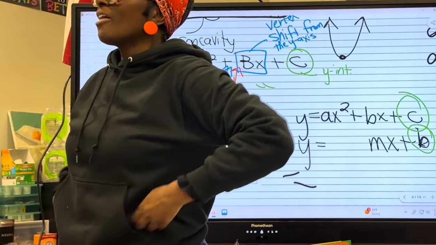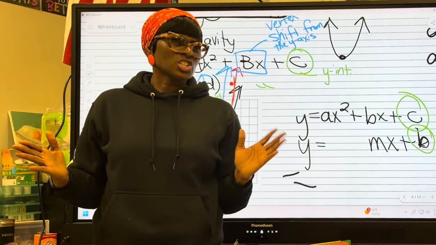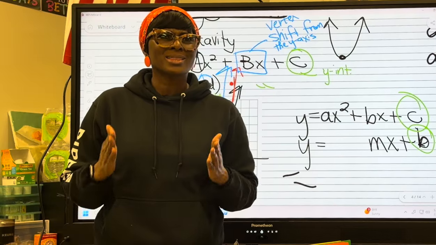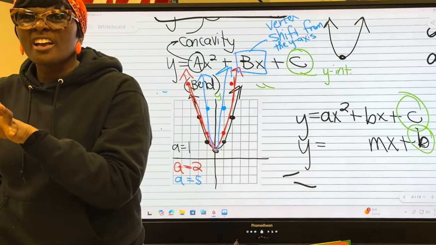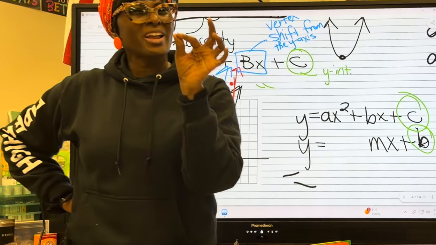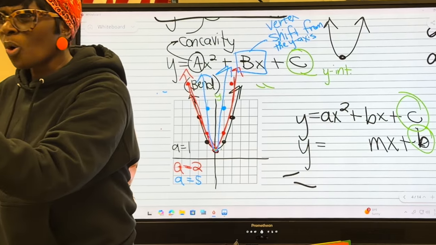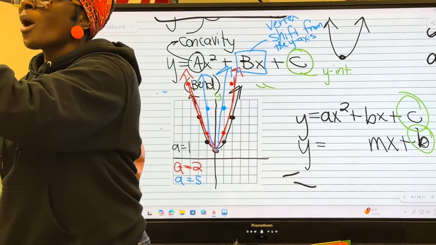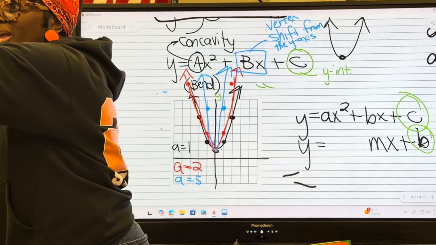Are y'all following? And then last, what about that C? What does that C tell us? It just tells me where the parabola crosses the y-axis. Now here's something that's cool. If there is no shift, then where is the parabola sitting? In the middle, on the y-axis, which means it is the y-intercept.